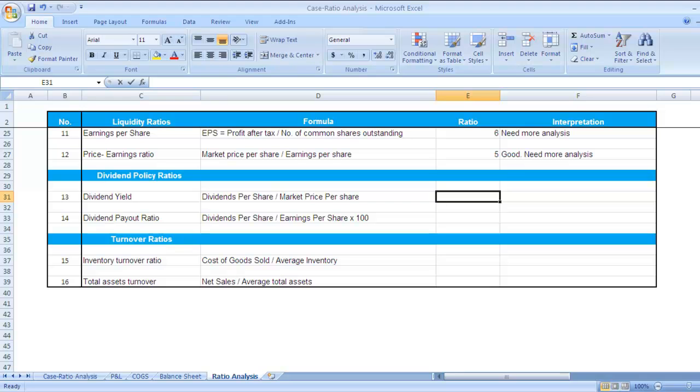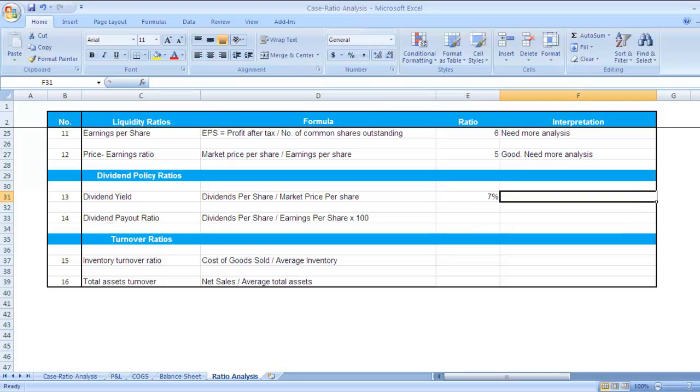So here 2, that is dividends per share, divided by market price. So market price, we know it is 29.25. Okay, so we'll check dividend yield. Dividend yield in percentage terms is 7%.